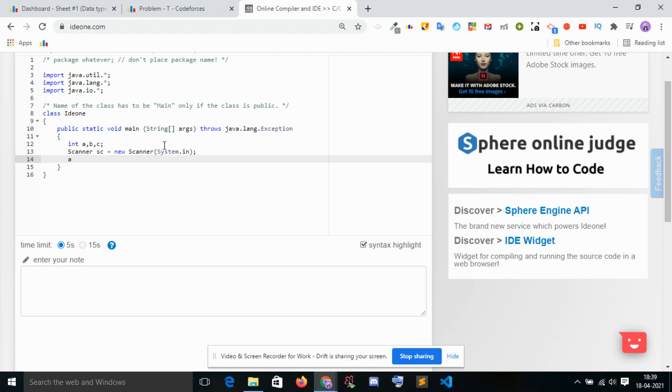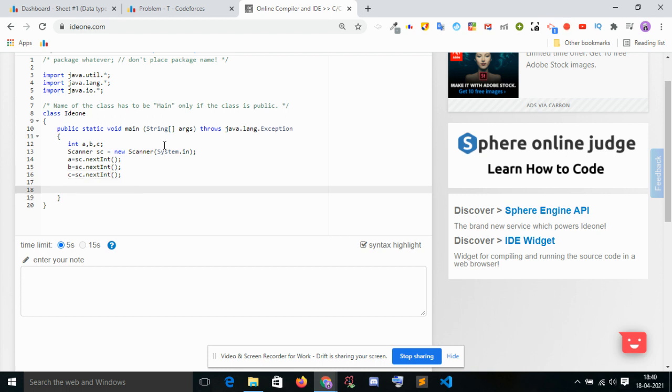Need to take input: a is equal to sc.nextInt(), b is equal to sc.nextInt() and c is equal to sc.nextInt(). Okay, so here I actually find it.